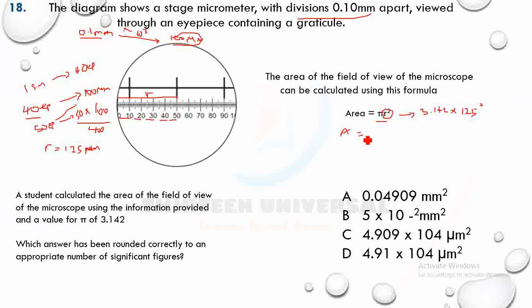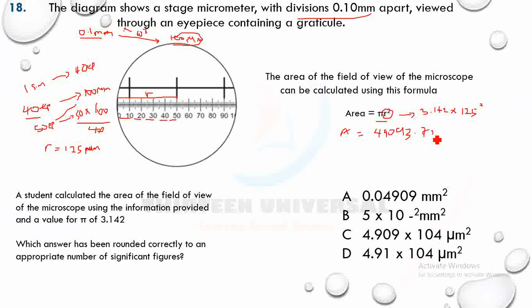Times 3.142, which is pi. And that gives us 49,093.75.